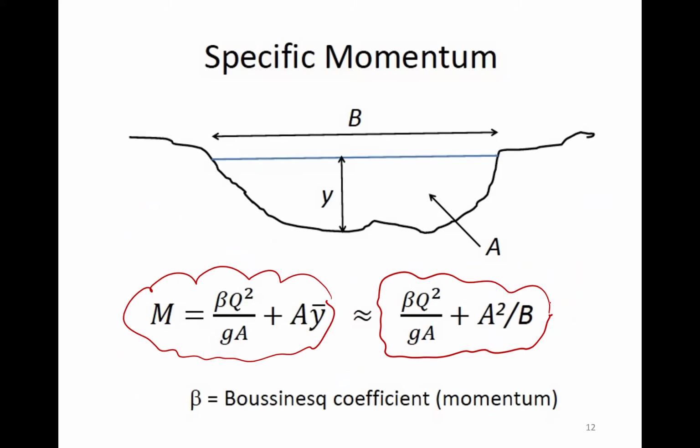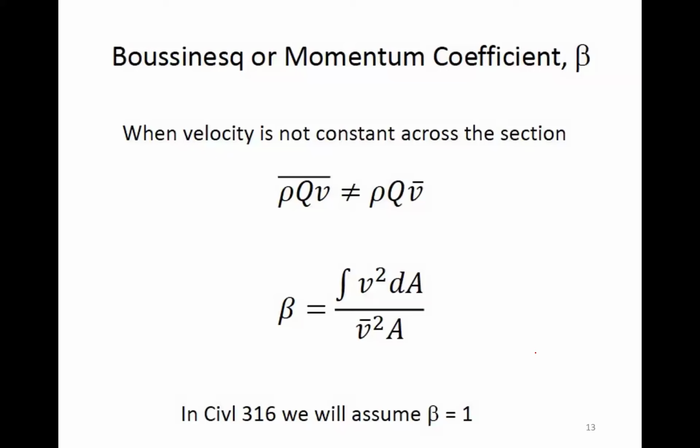Now, in our class, these are the equations, and the flux of the first equation here is telling us that the average of the flux of momentum is not equal to the flux of average velocity. So these two are different, meaning that if I take the flux, rho q v, at different points and average them, that will not be equal to rho q times the average of velocity.